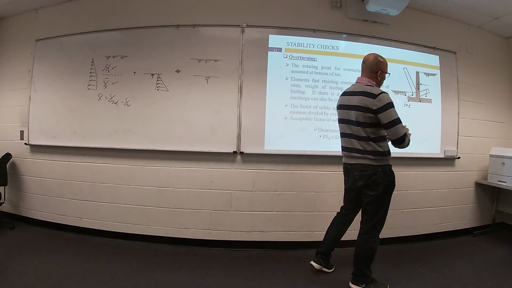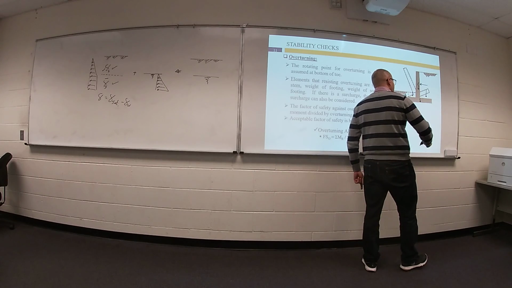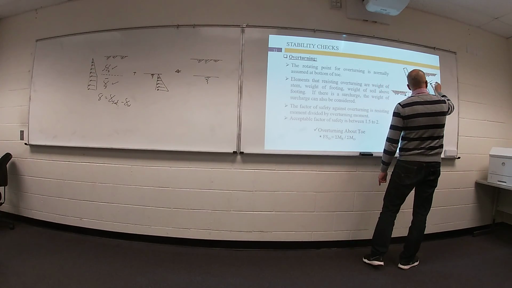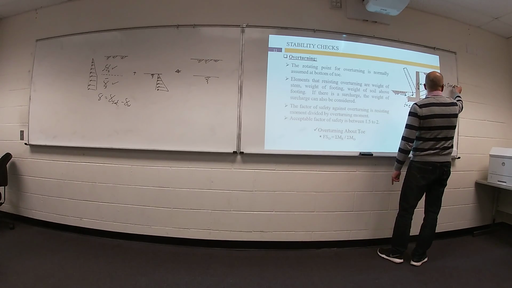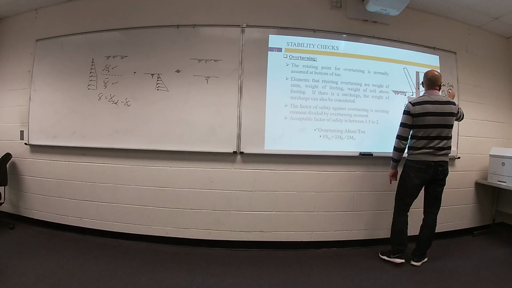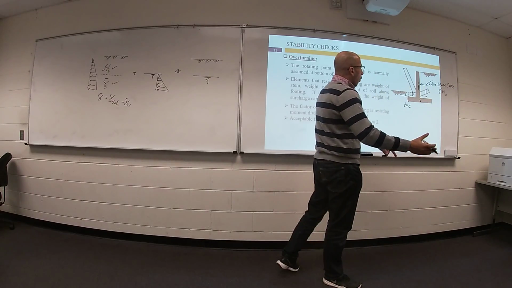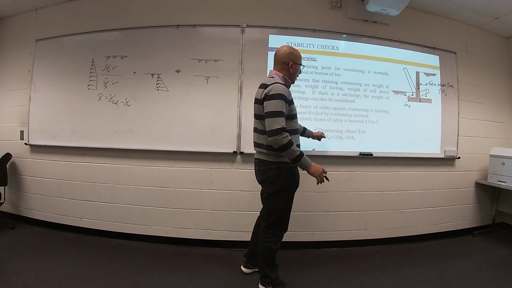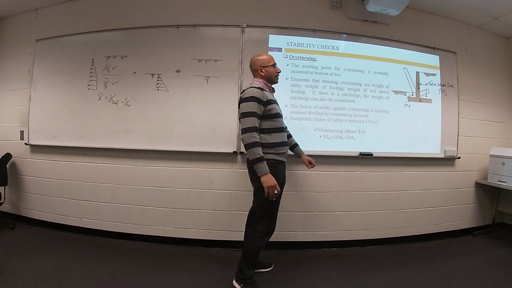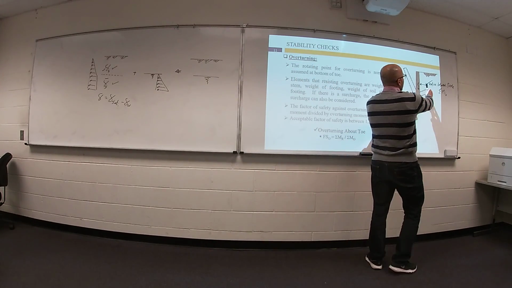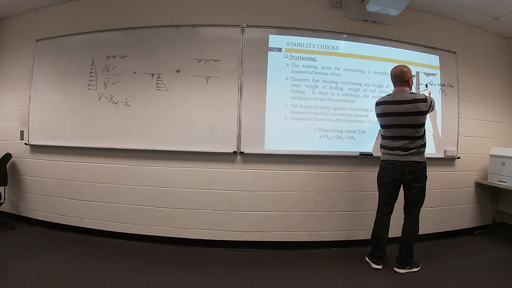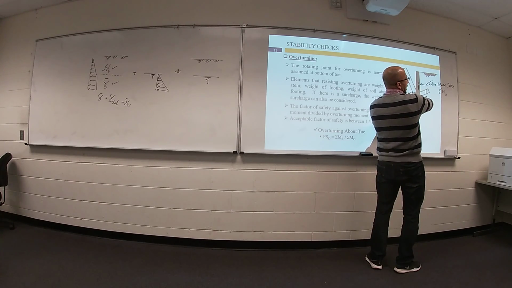All the time, or most of the time, 99%, this active lateral force will cause overturning moment only. And all of the other forces will make resisting moment. You can see, if you take moment at this point, this is the only force that would like to rotate your retaining wall in this direction.